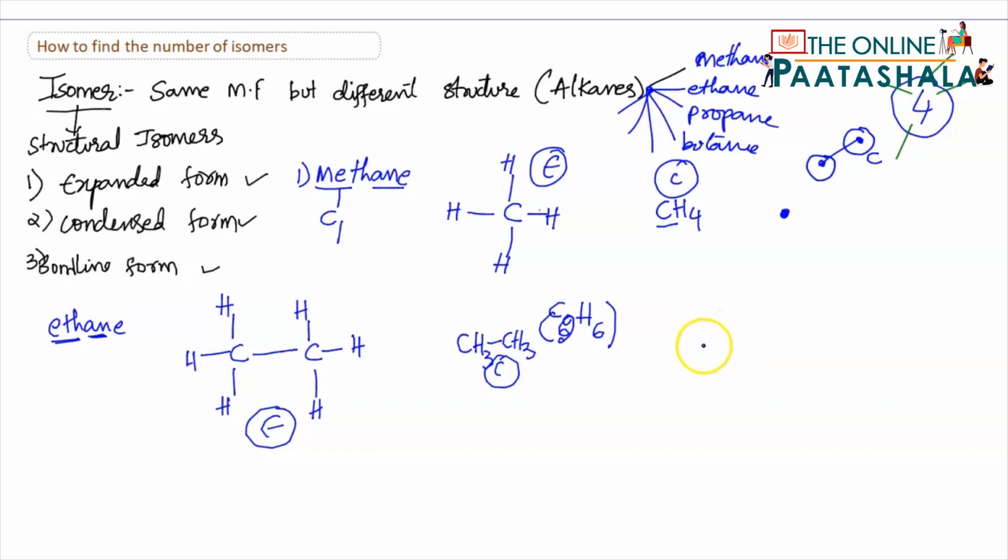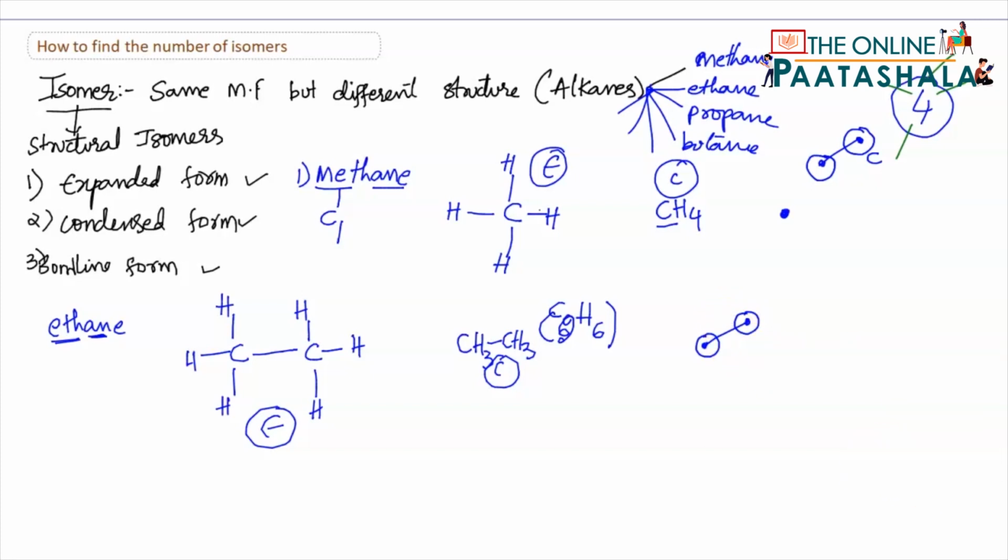A line defines the two carbons, one carbon here, one carbon here, with one bond in between. So it is ethane. You have to imagine that each end is a carbon with three hydrogens. Did you understand the expanded, condensed, and bond line forms?